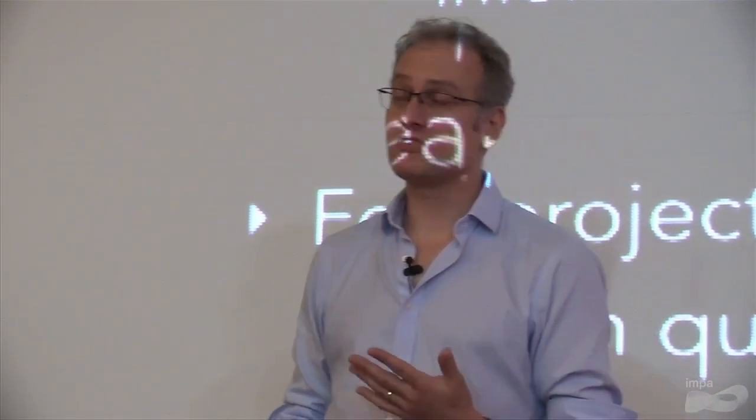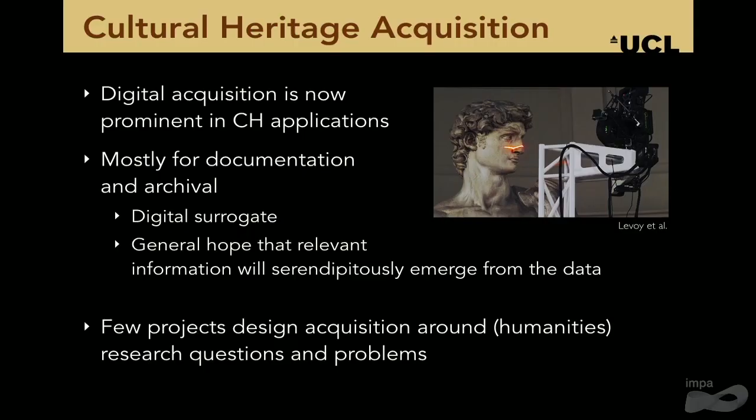And maybe there are certain aspects that a digital data set cannot reproduce. And this is a bit of a common theme that ran through all of my research. Today I'm going to talk about three examples where that comes up again, where we try to do things in a way that is guided by the humanities questions.